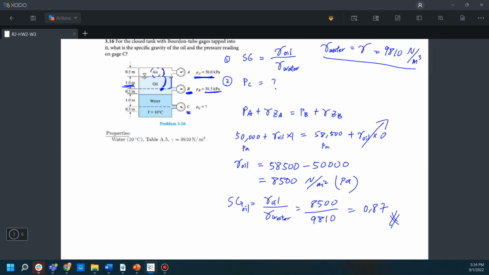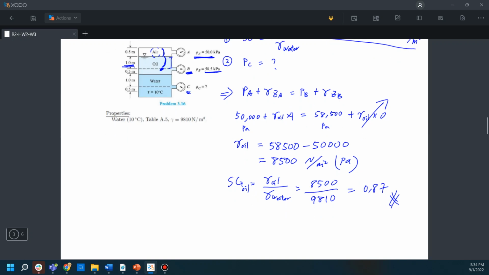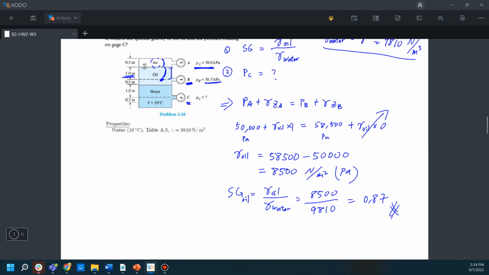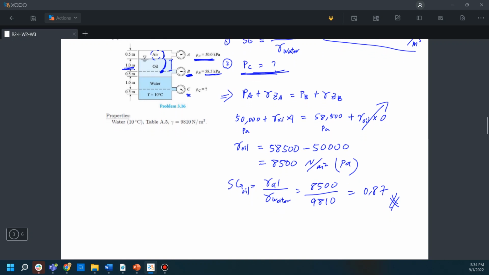So basically, you just need one hydrostatic equation to calculate the pressure, using different components to calculate the points at the bottom on this dash line. Okay, and we can use a similar idea to calculate the pressure at the C point.